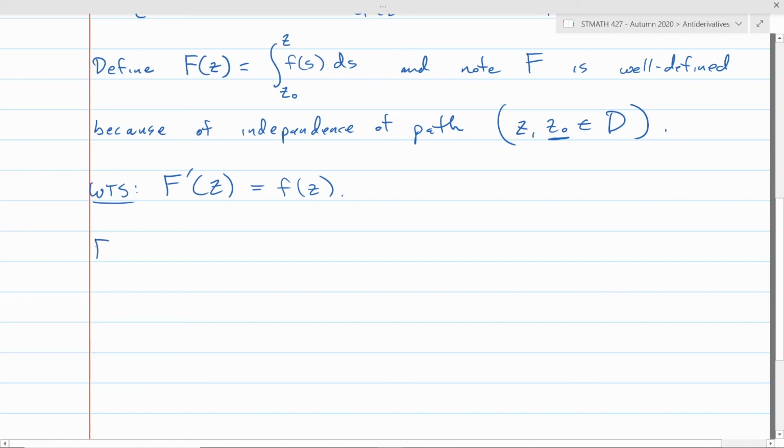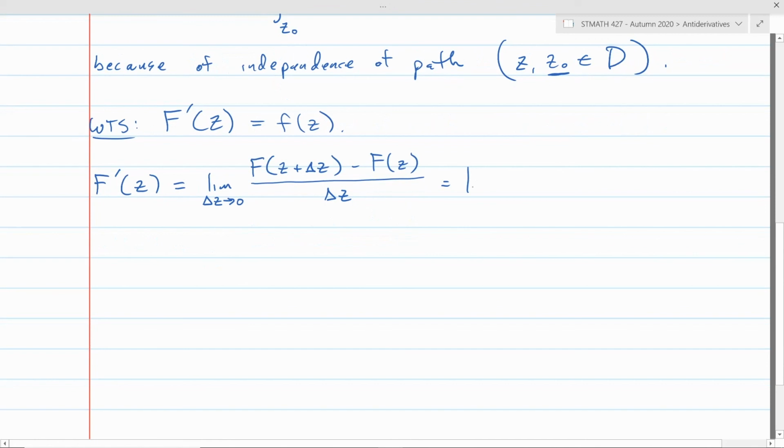So big F prime of Z, by definition, is the limit as delta Z goes to 0 of big F of Z plus delta Z minus big F of Z over delta Z, which is the limit as delta Z goes to 0 of 1 over delta Z times the integral from Z naught to Z plus delta Z of f of S ds, minus the integral from Z naught to Z of f of S ds.